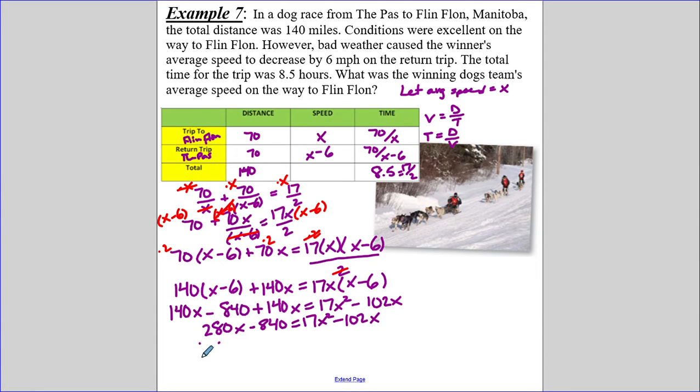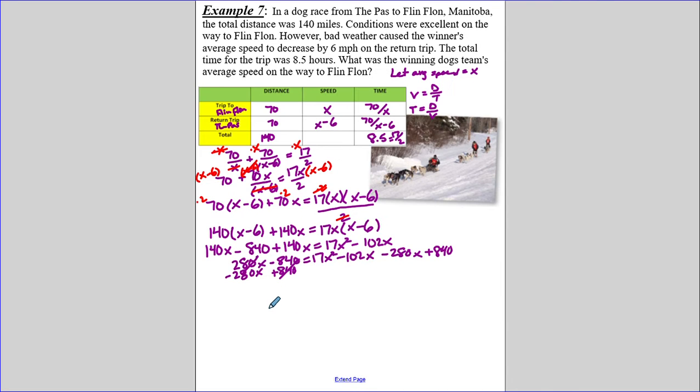I'm going to subtract 280x and add 840, so these are going to cancel and I'll have 0 left over. So 0 equals 17x squared minus 382x plus 840.